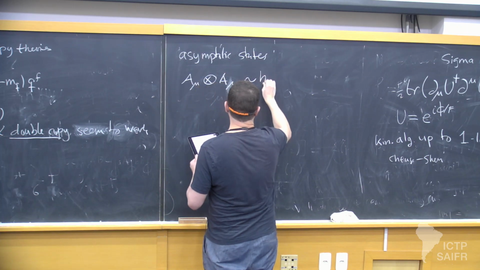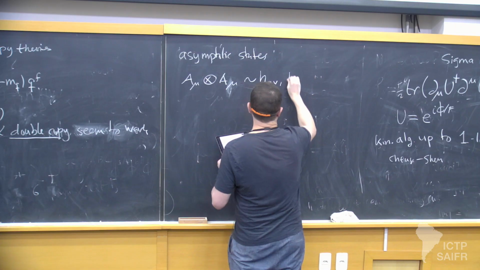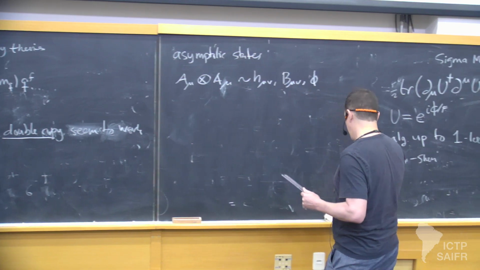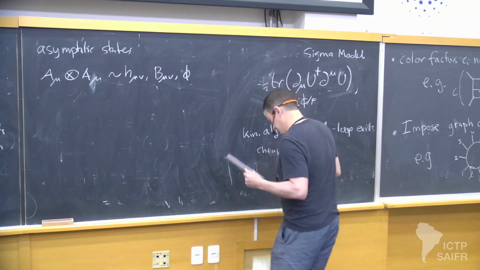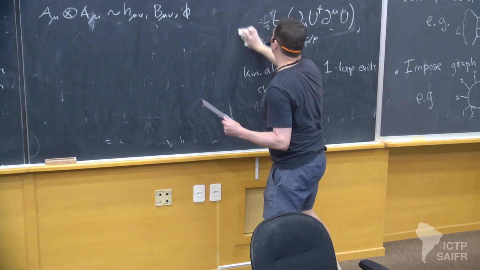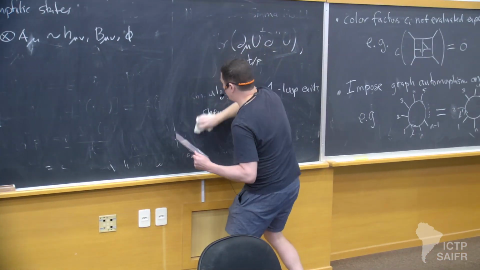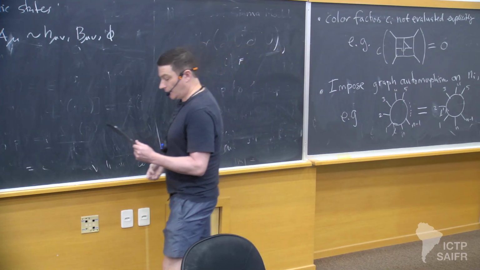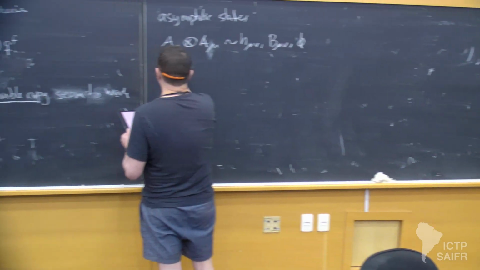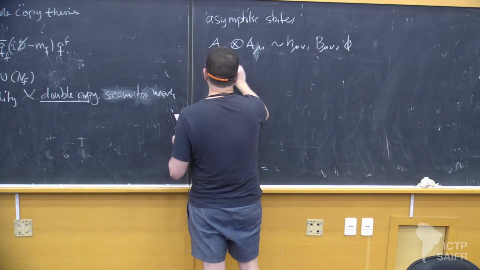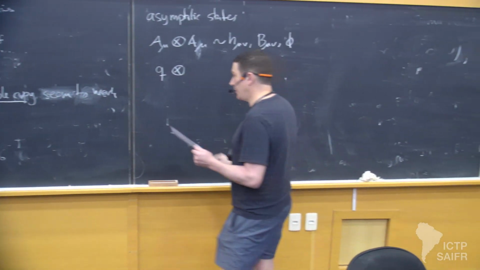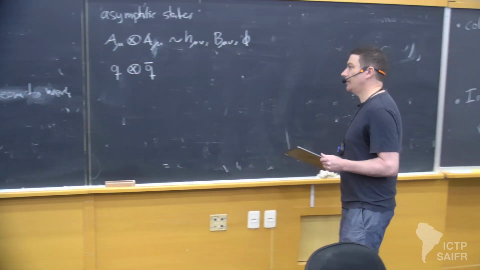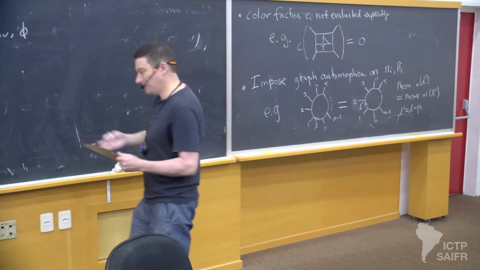And we know that that's going to give us a graviton, a B field, and a dilaton. And again, I'm working in D dimensions here, but you can also rephrase it in four-dimensional notation. But then the interesting part is what you get when you double copy a quark, let's say with an antiquark. That seems to be the right way of doing it.